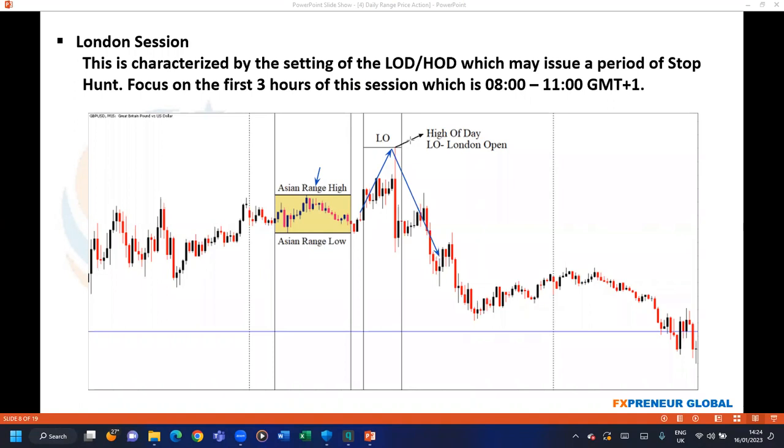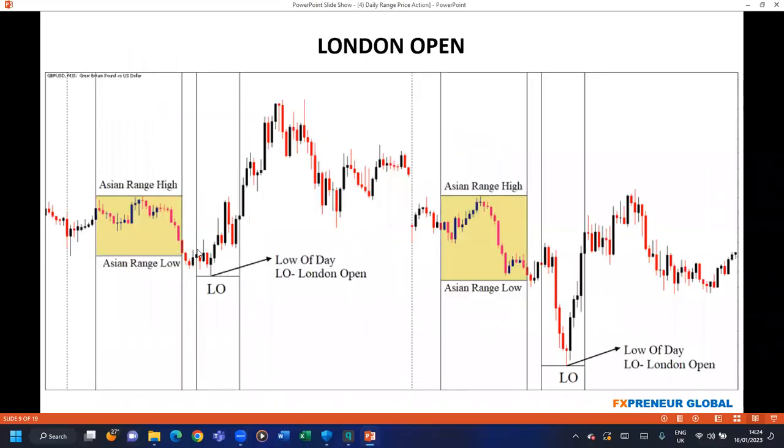If they intend to buy or go long for the day, they first move the market short and set the low of the day, like what we have here on the screen. Here the low of the day was set before the reversal to go long. This high or low of the day is set during the London session, and you focus on the first 3 hours between 0800 to 1100 GMT plus 1.